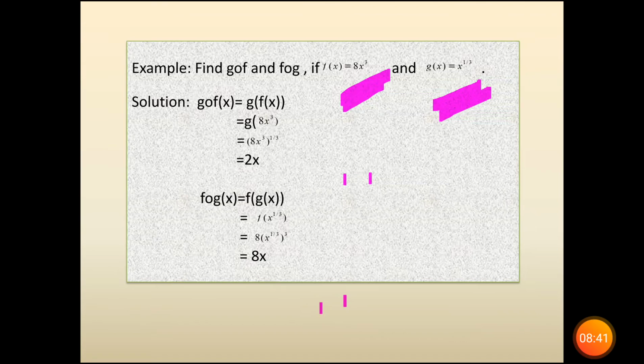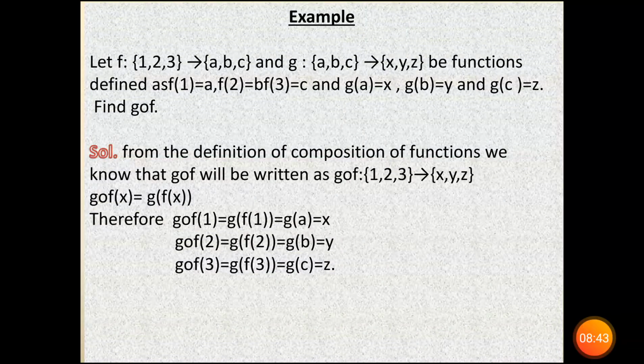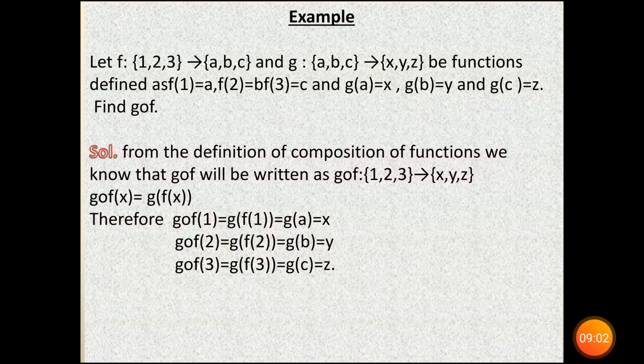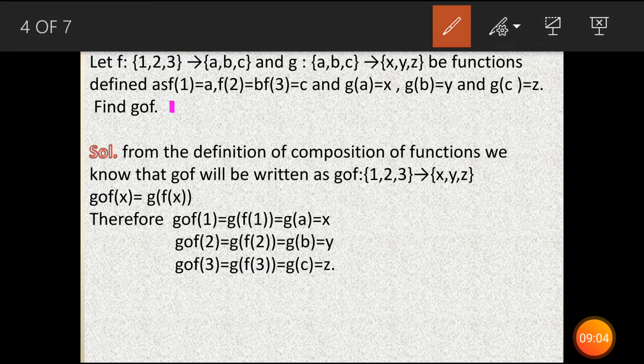Now the next example. If f is a function from {1, 2, 3} to {a, b, c}, where the domain is 1 to 3 and the codomain is a, b, c, and g is a function from {a, b, c} to {x, y, z}, defined as f(1) is a, f(2) is b, and f(3) is c.